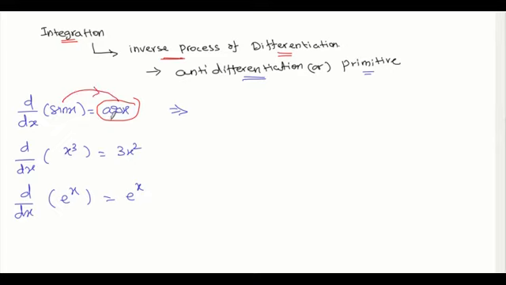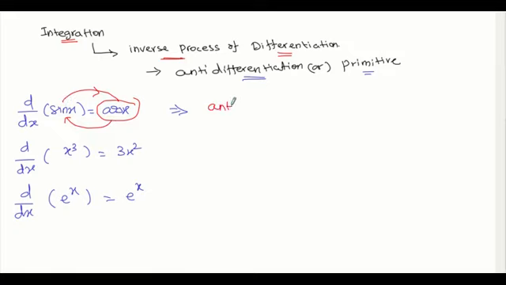So here we go back. What we are doing is finding the function from which this cos x came, which was differentiated to get cos x. So sin x is differentiated, we get cos x. So sin x is the antiderivative of cos x.